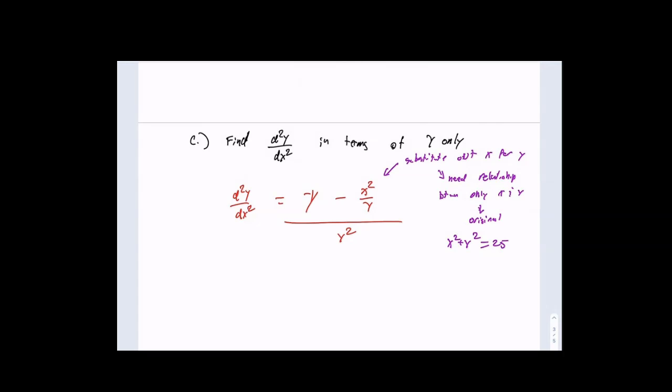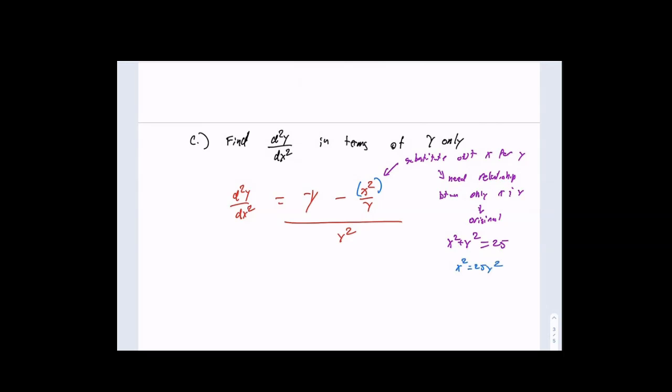I need to substitute for what? X squared. It's as simple as that. What is x squared? X squared equals 25 minus y squared.